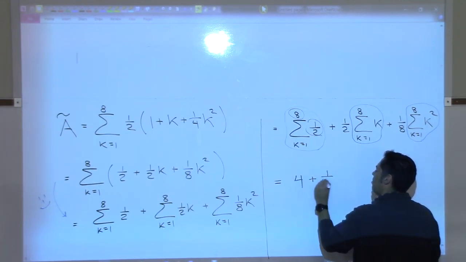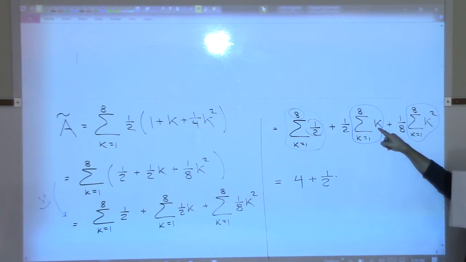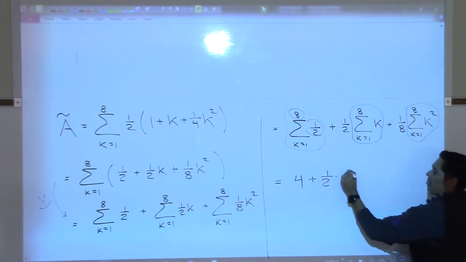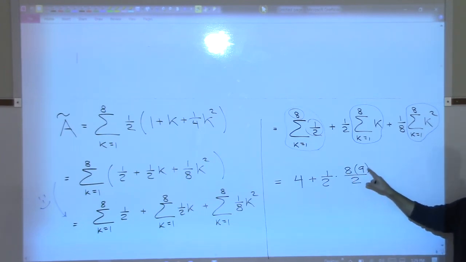Plus, now you have a half times, now this right here is a sum of the first 8 integers. This is 1 plus 2 plus 3 plus 4 plus 5 plus 6 plus 7 plus 8, right? And according to the formula, that should turn into what? 8 times 9 over 2. So that's the formula, n times n plus 1 over 2.